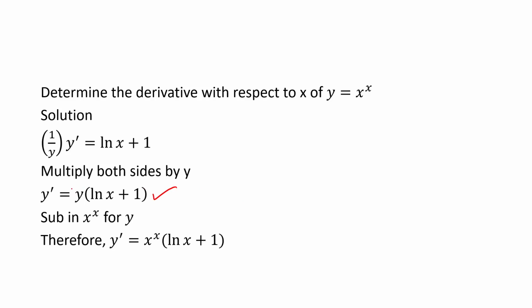And at that point, we say to ourselves, well, we actually have an expression for y. It's literally right there in the question. y is equal to x to the exponent x. So instead of y times ln x plus 1, we write x to the x times the quantity of ln x plus 1, and that's our derivative.